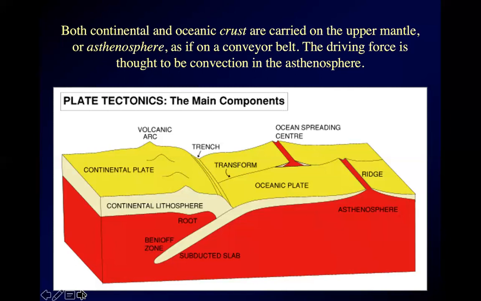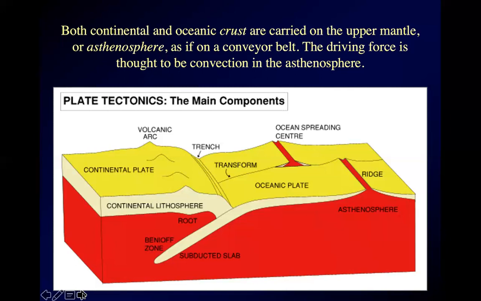And one type of crust makes up the continents. Oceanic crust, which is a little bit denser rock, makes up the deep ocean floor. And the outer layer of the Earth's crust is broken up into roughly 20 tectonic plates. And what moves the plates is the fact that they are riding on top of the upper mantle layer.